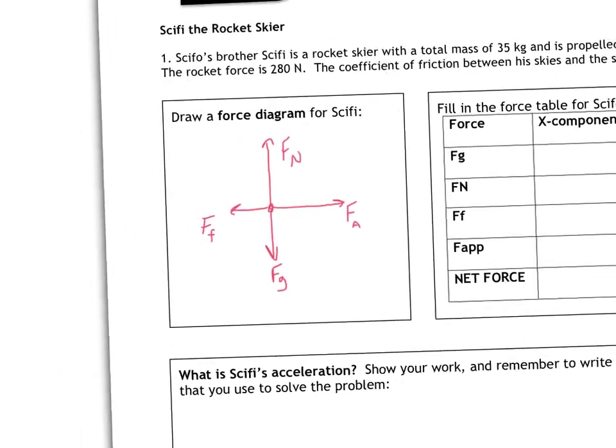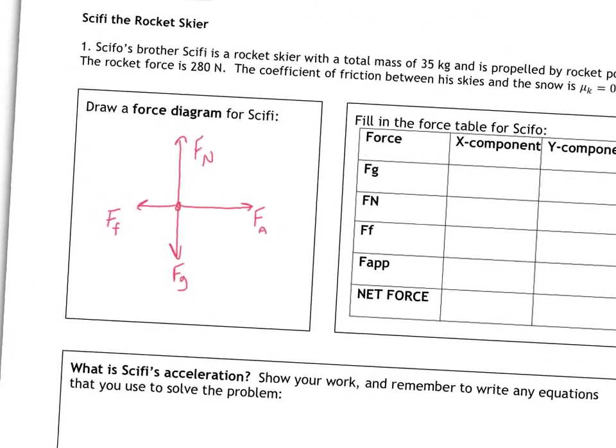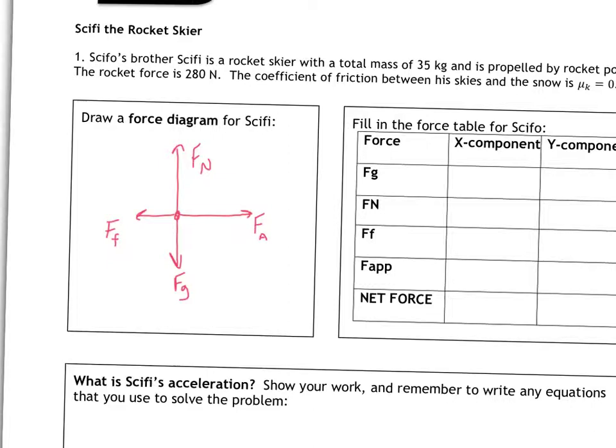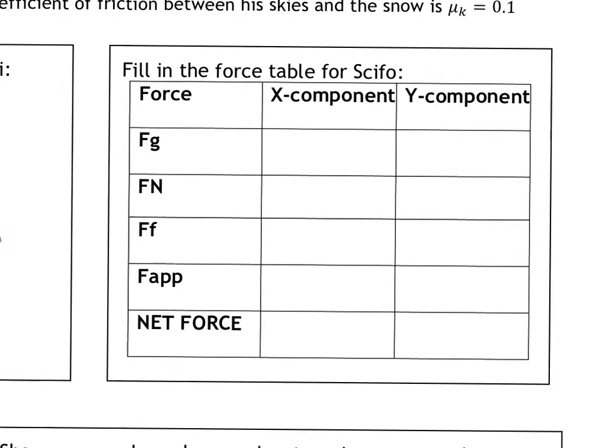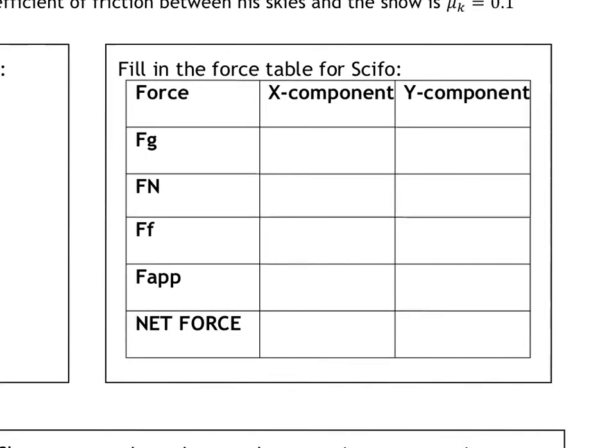So, let's fill in the force table with what we know right now. It tells us that the rocket force is 280 newtons. So we know the applied force is a positive 280 newtons because it acts in the right direction.